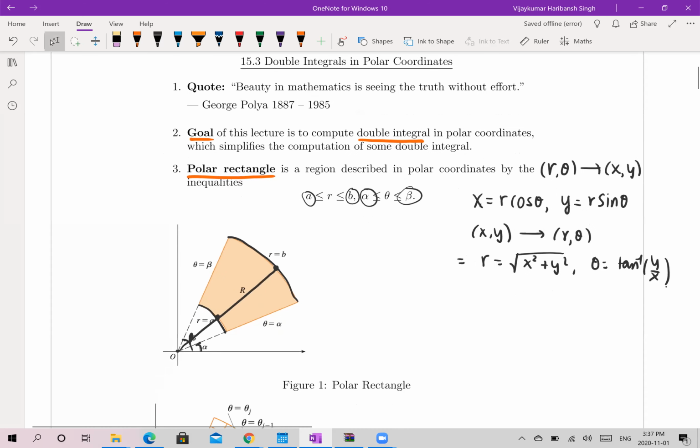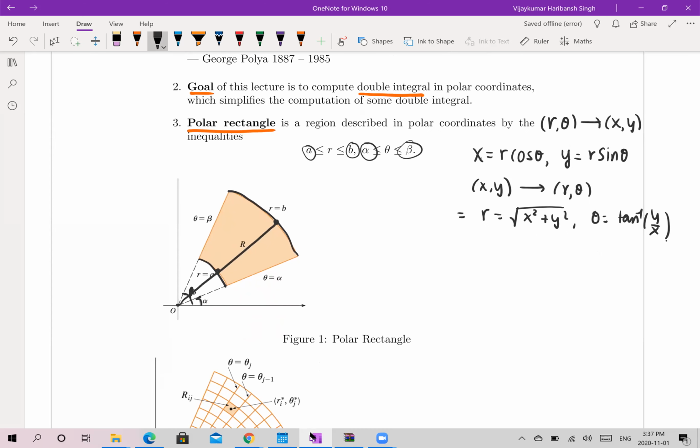Recall we had the integral, which was roughly of the form f of xi star, yj star, delta x delta y, which can be written as dA, the differential area.